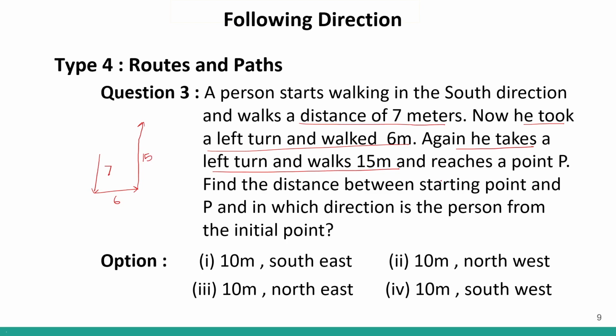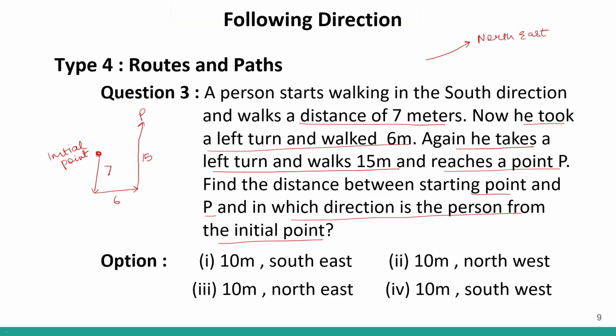And he reaches a point P. Find the distance between the starting point and P, and in which direction is the person from the initial point. So this was the initial point, right? From this point, the person is in this direction, and this direction is the northeast direction.